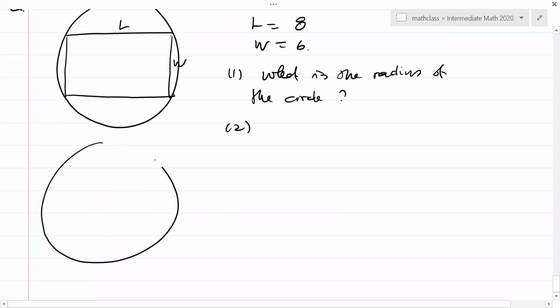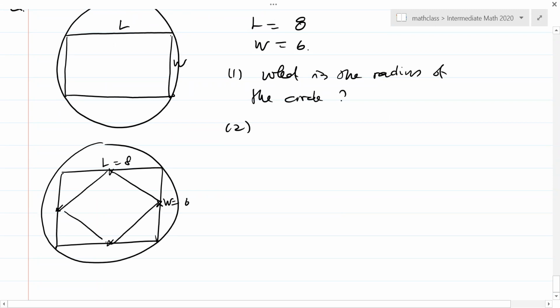Next problem, I draw the circle here again. I still use the same L. Length is 8, W is going to be 6. I choose the middle point on each side and connect them.